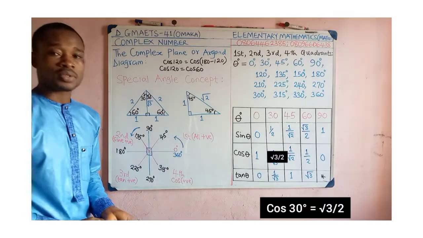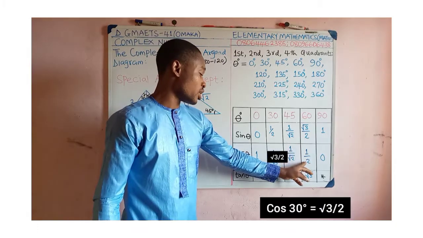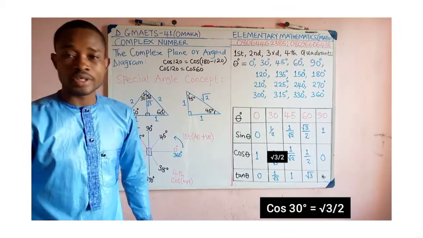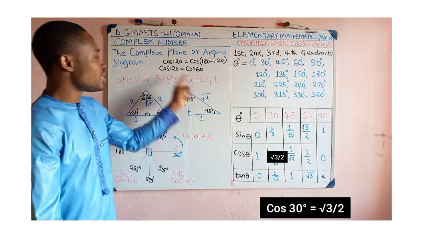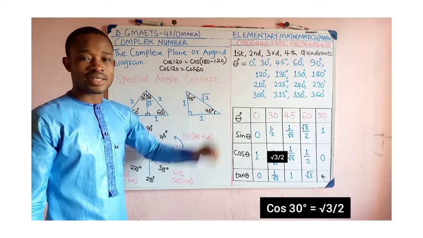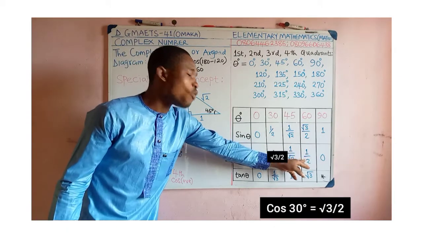So let us find out. Cos 60, what's the value? Cos 60 is 1 over 2, which is 0.5. It simply means that cos 120 is also equivalent to what? Cos 60. Therefore, cos 120 would give us this 1 over 2.